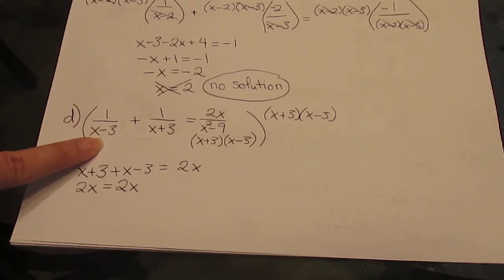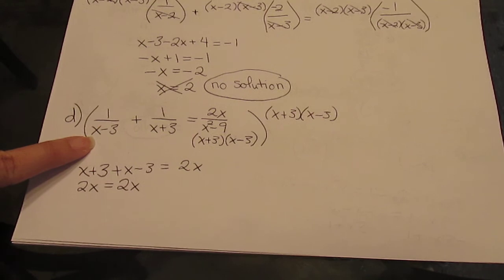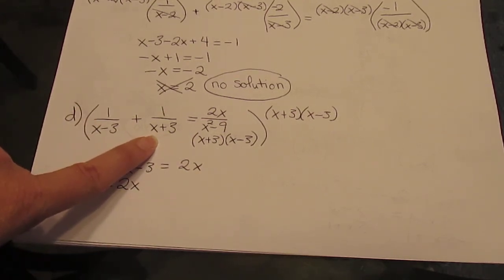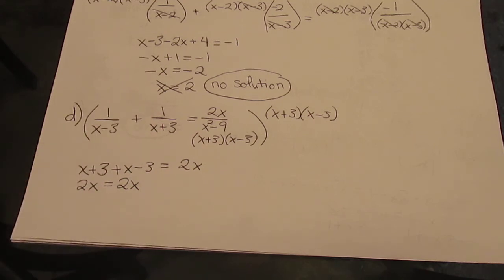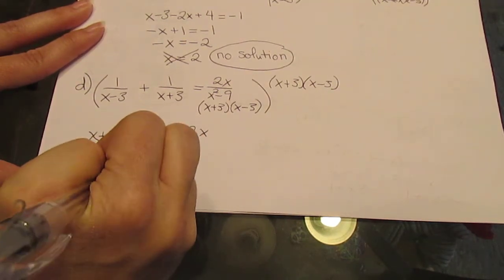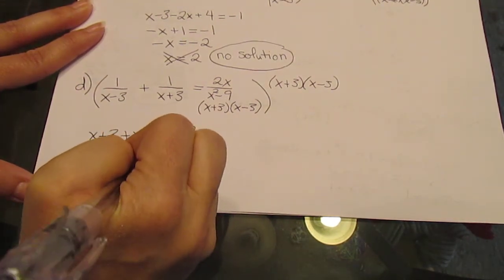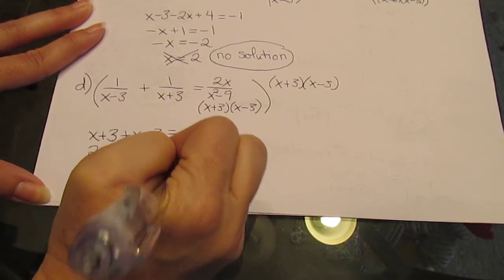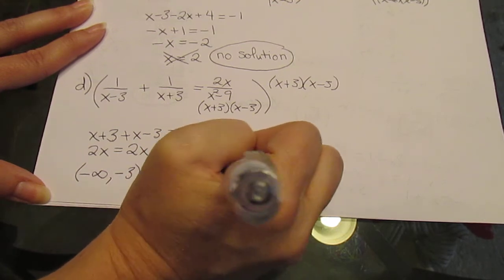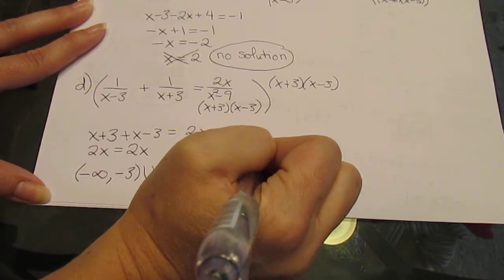So what makes the denominator 0 here? If we plug a 3 in, and if we plug a negative 3 in. So the answer to this one's all real numbers except 3 and negative 3. Or if you want to write it in interval notation, we'd write negative infinity to negative 3, union, negative 3 to 3, union, 3 to infinity.